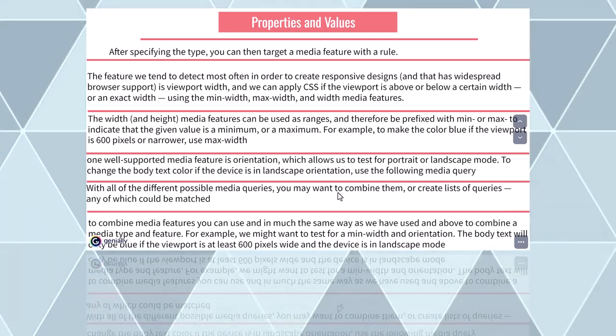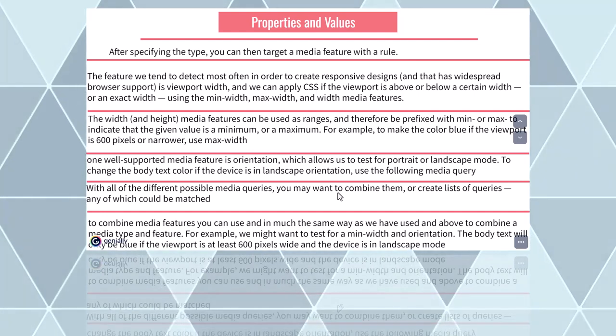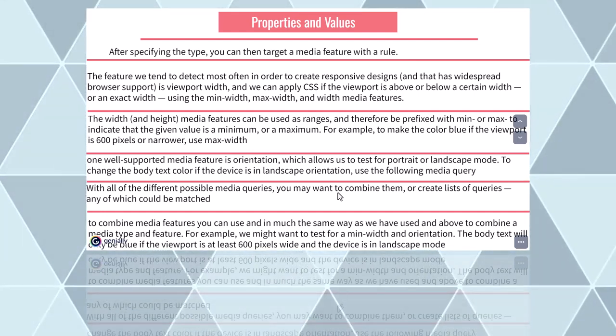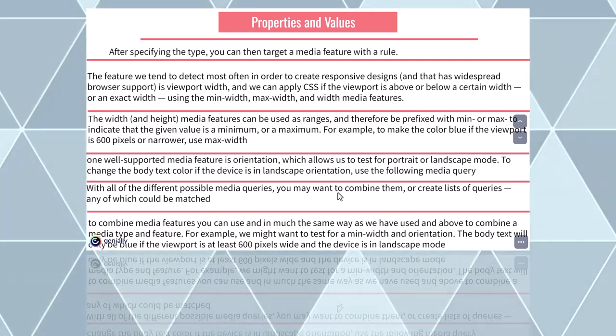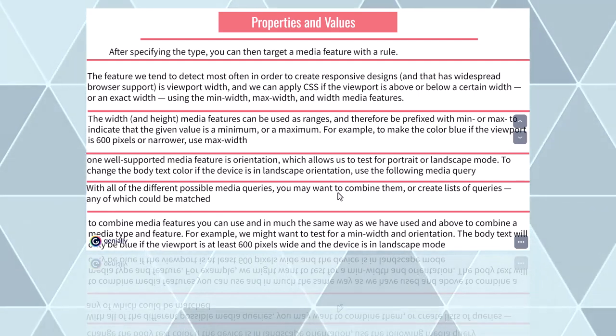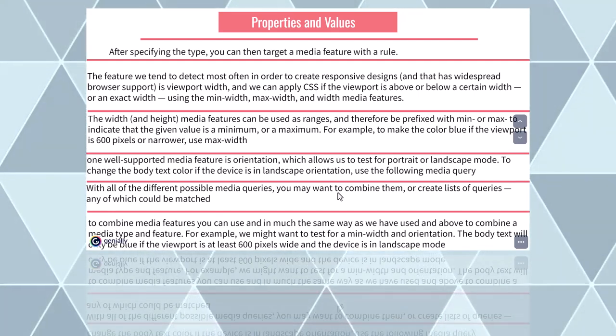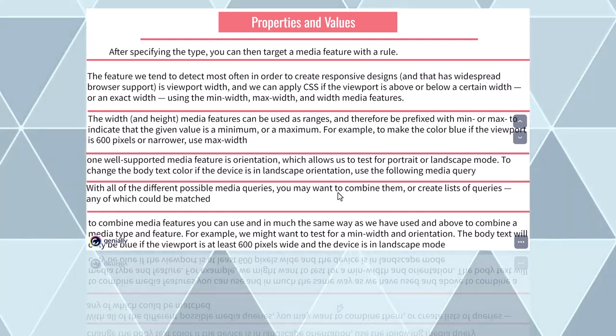Whatever you specify in there will only show if it corresponds to the viewport. So if the viewport is 200 pixels, it won't show. But with minimum, it starts from 0 up until the specified value, and with max, it's from that point up.